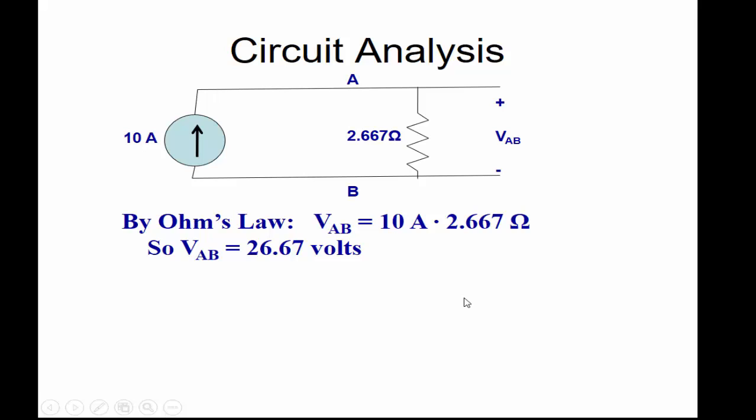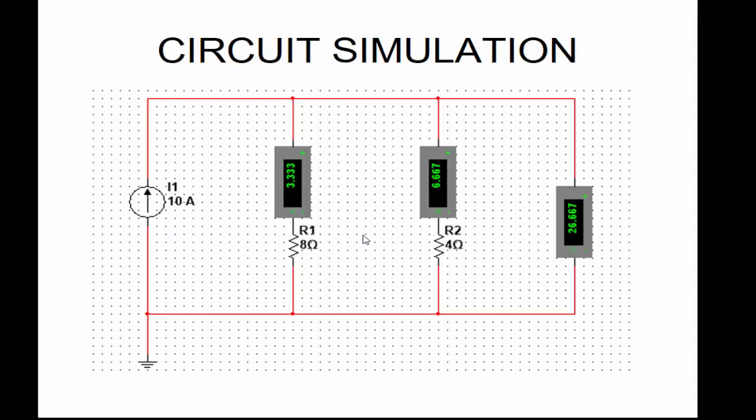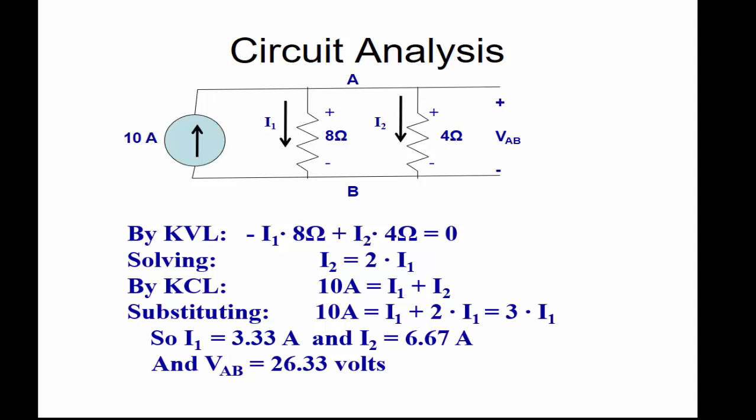All right, so there we have it, and we can also do it by Ohm's law. You treat this as a closed circuit, and by Ohm's law, VAB is equal to... we can find this resistor here.